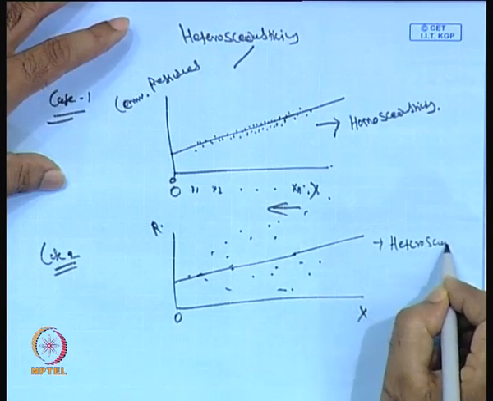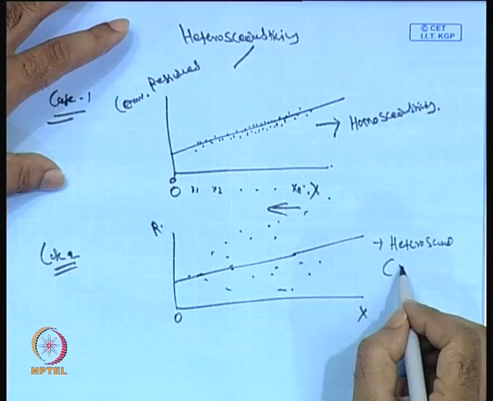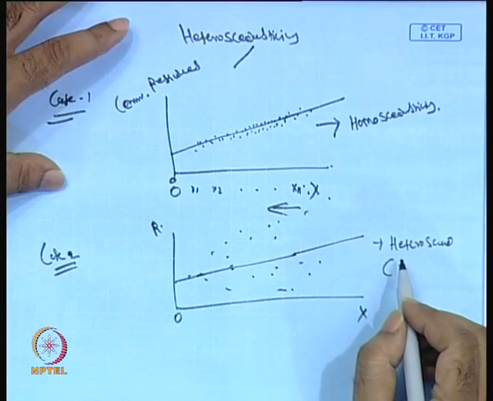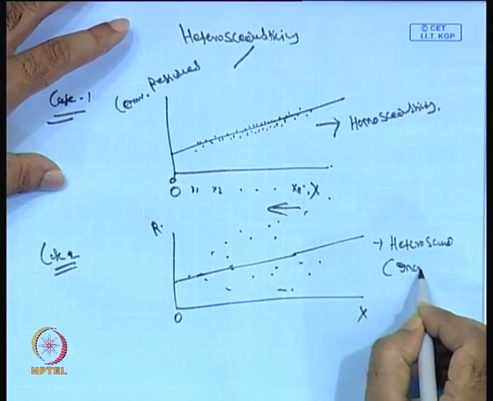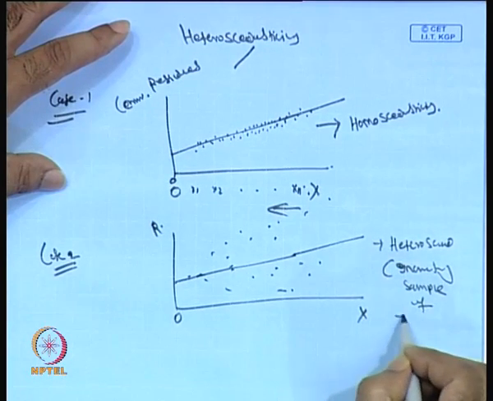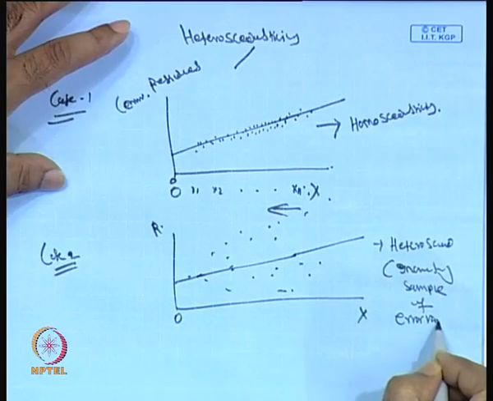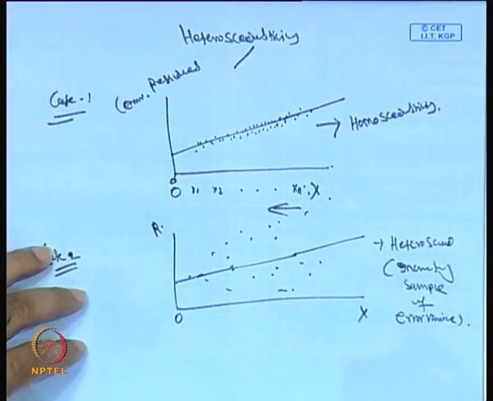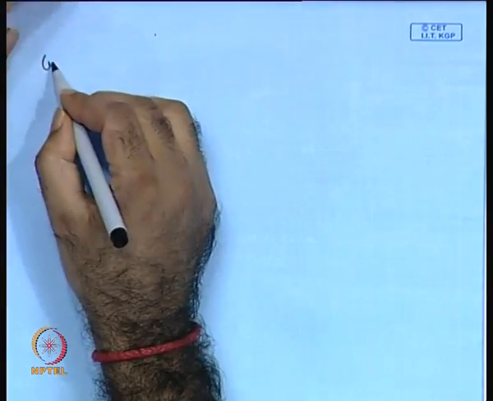This is the heteroscedasticity problem, and it is an increasing pattern of error variance. Okay, I will take another case here, case 3.